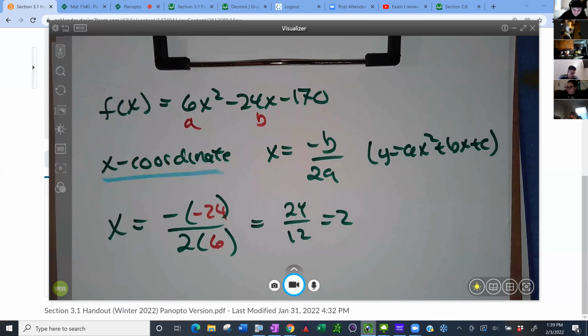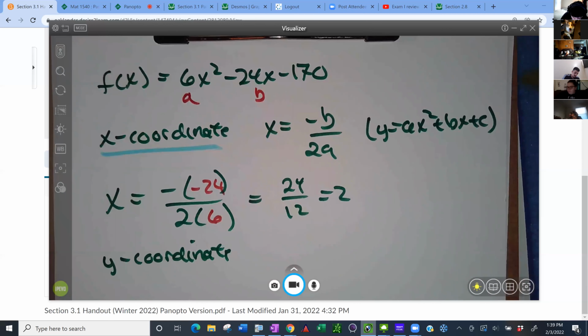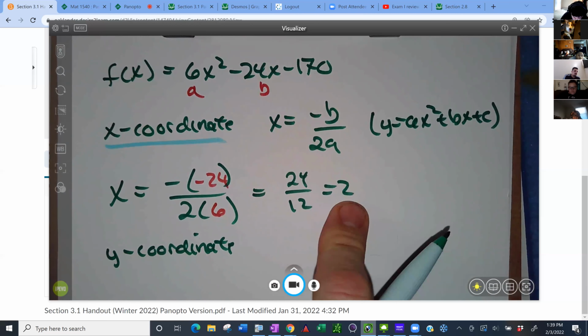The y coordinate. How am I going to find the y coordinate of my vertex? I'm not even looking at the graph. Do you plug in 0 or no? Perfect. Plug in 2.